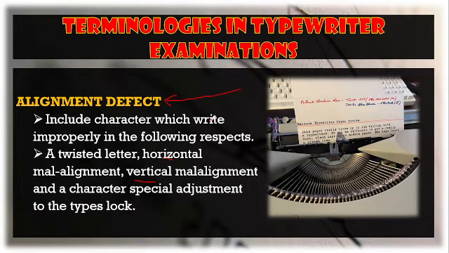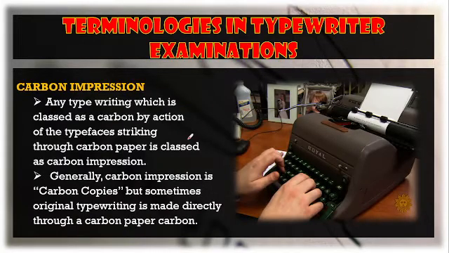This might be considered one of the individual characteristics of a typewriter examination. So you can focus on these defects in order for you to identify what typewriter might be used on that certain document or certain paper.